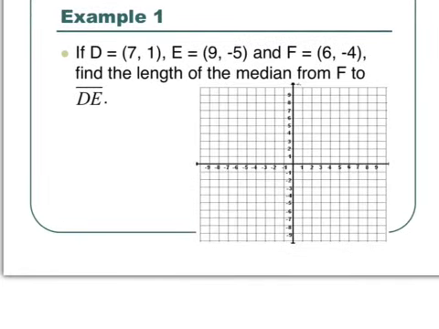Alrighty. So here we have D is 7, 1, E is 9, negative 5, F is 6, negative 4. We want to find the length of the median from F to DE. So first things first, I'm just going to plot these points. So let's say we have 7, 1. That's going to be D. And then we have 9, negative 5.